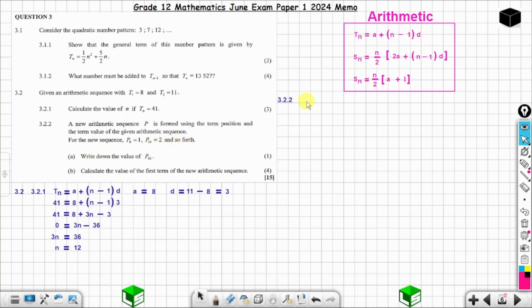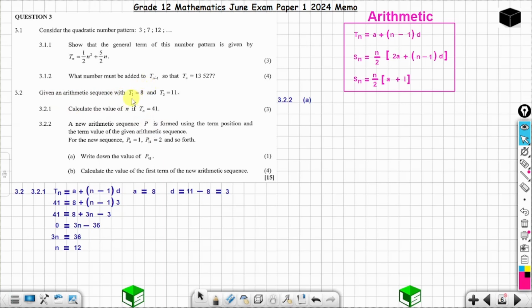Now, question A. Write down the value of P41. 1 mark. Can you see P8 is equal to 1 and P11 is equal to 2? They are using the given arithmetic sequence.